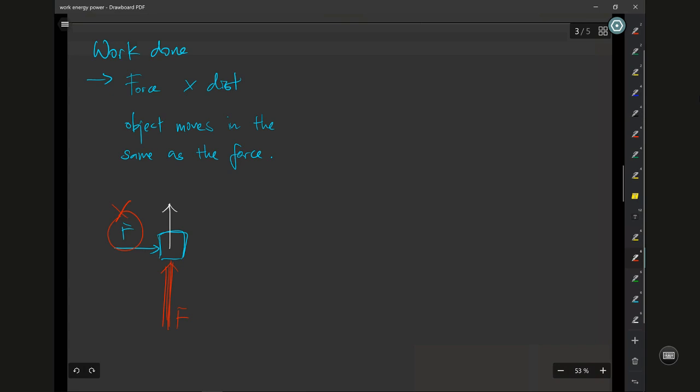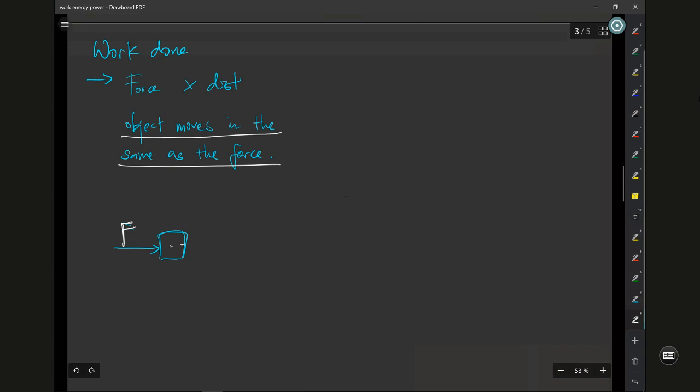Technically this scenario won't happen if this force is so negligible, the object will move upwards but yet slightly to the right, like 89.9 degree kind of thing. Anyway, you all get the idea, that the object must move in the same direction as the force.